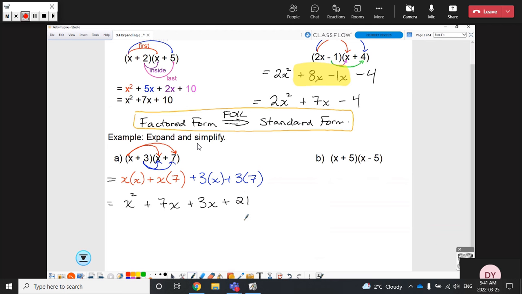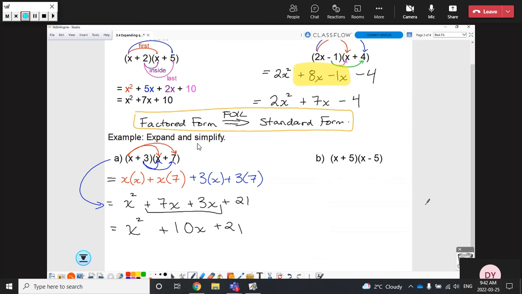Usually, you'll probably start at this first and then end up right here, just like the distributive property. And then, when we collect like terms, usually the answer is always yes. And we'll get x squared plus 10x plus 21, because 7x plus 3x, sorry, is 10.